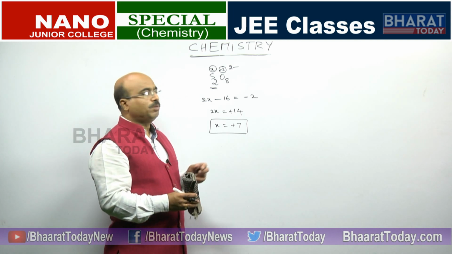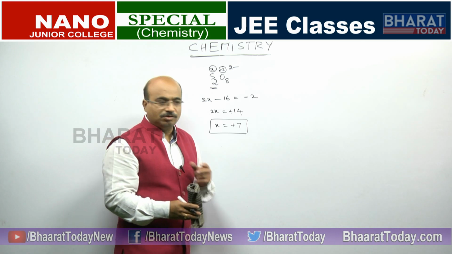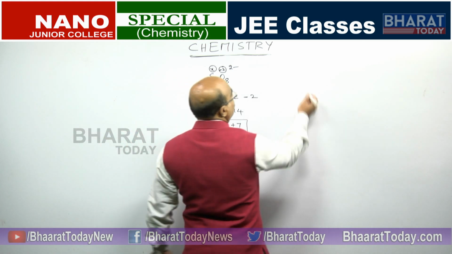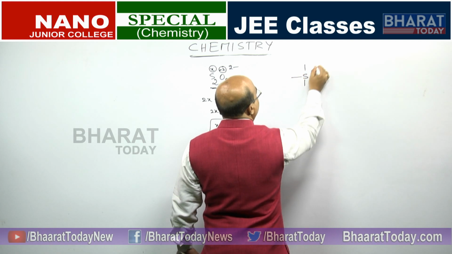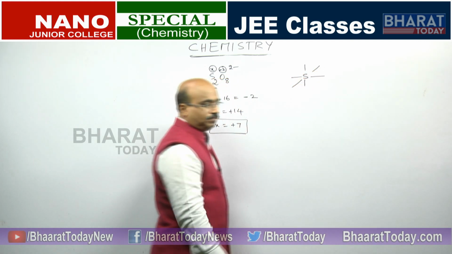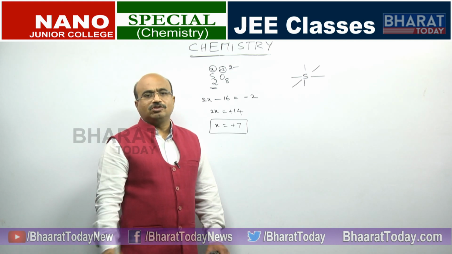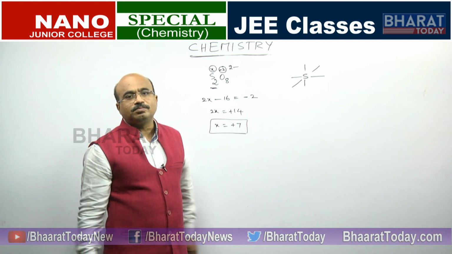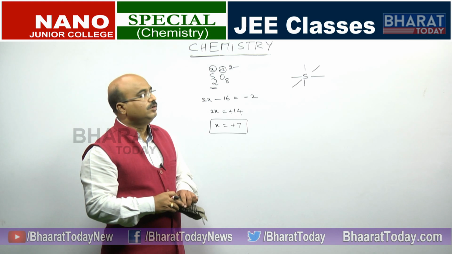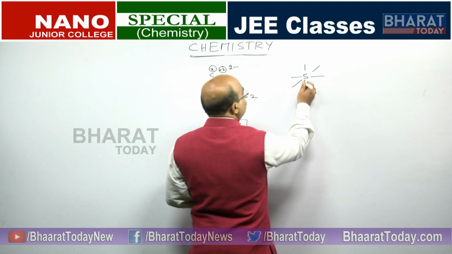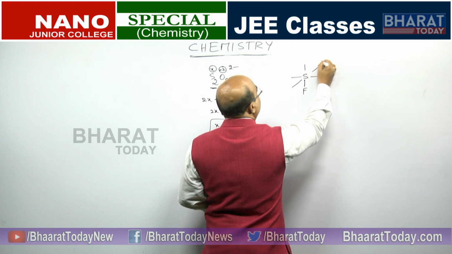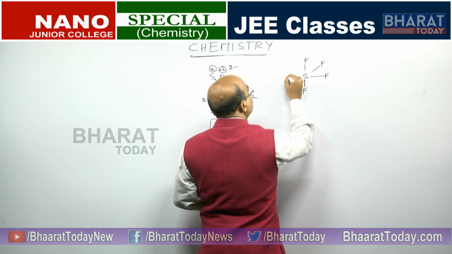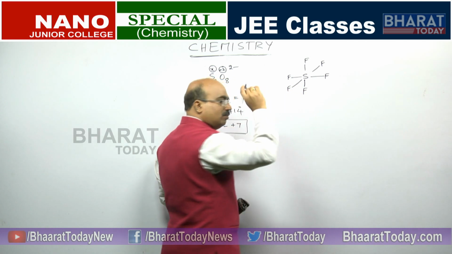The main point to be noted is how many bonds sulfur can form totally. At the maximum, sulfur can form 6 bonds. More than 6 bonds it never forms. Now, let us say sulfur is bonded to elements that are all more electronegative than sulfur, like fluorine.